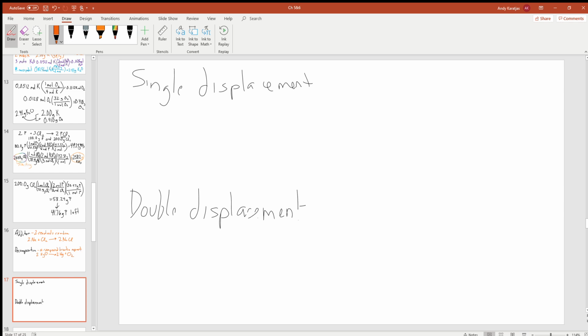In a single displacement, a single element displaces another. Whereas in a double displacement reaction, at least in the most common examples, the cation and anions swap partners.